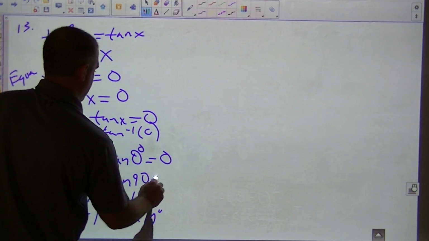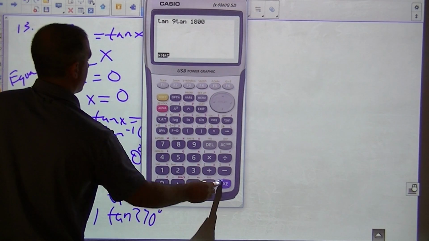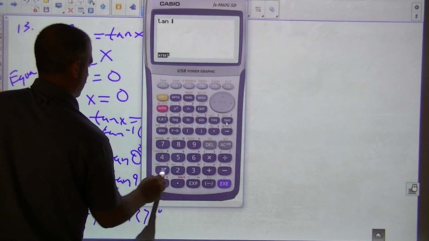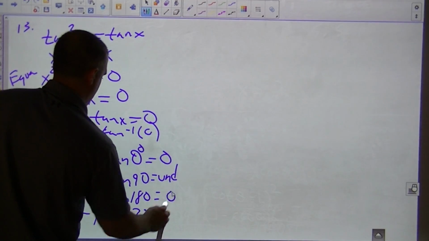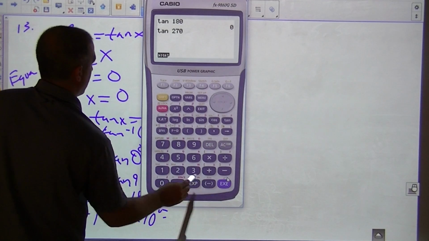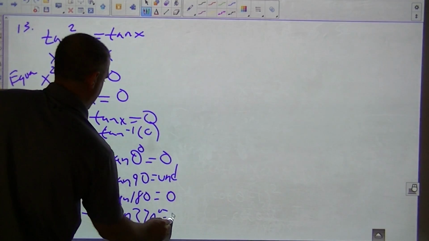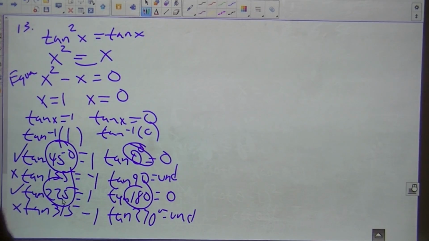Tan of 180 is 0. Tan of 270, once again, is going to be undefined. So the ones that work were 45, 225, 0, and 180.